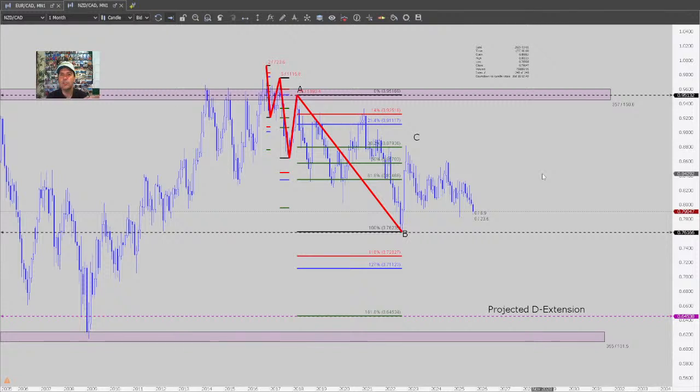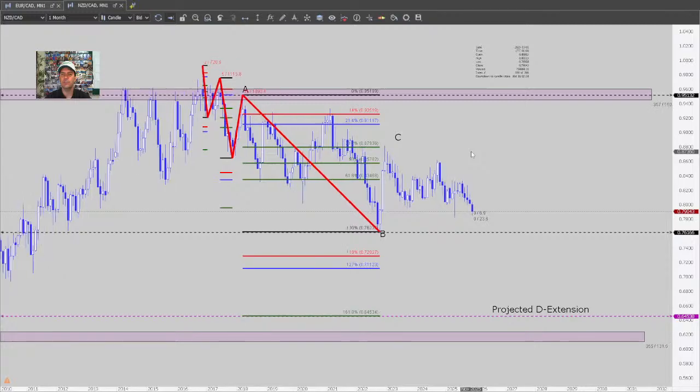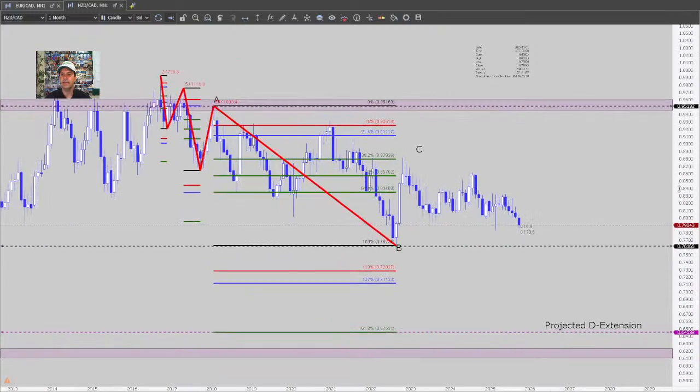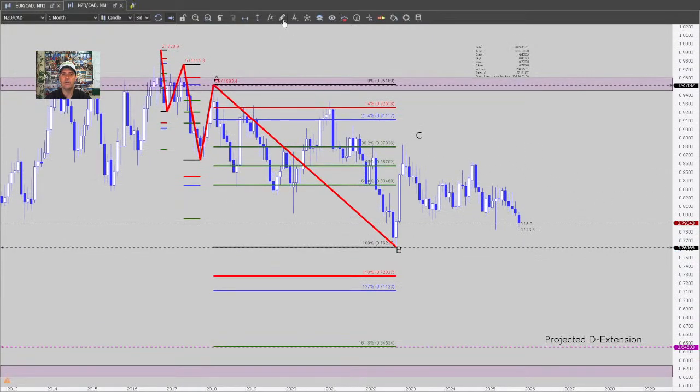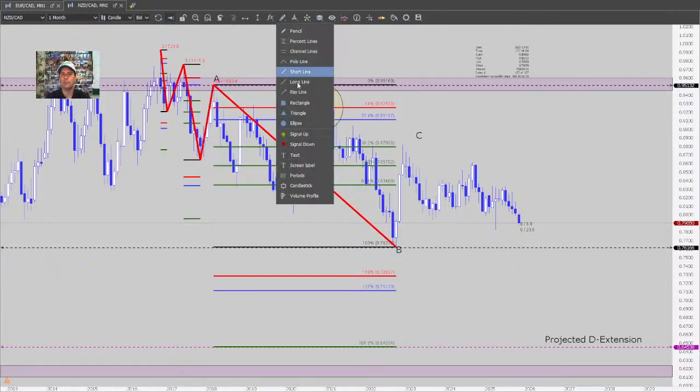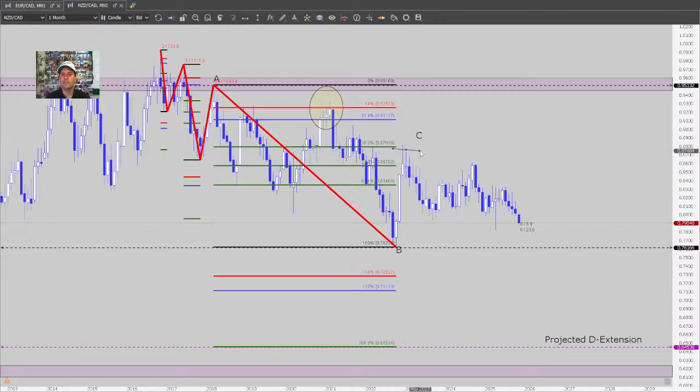Alex, what is the rule on the C? Alex has a great question. Why is the C not this circle? Everybody, Alex is asking why it's not this the C. What is the rule?